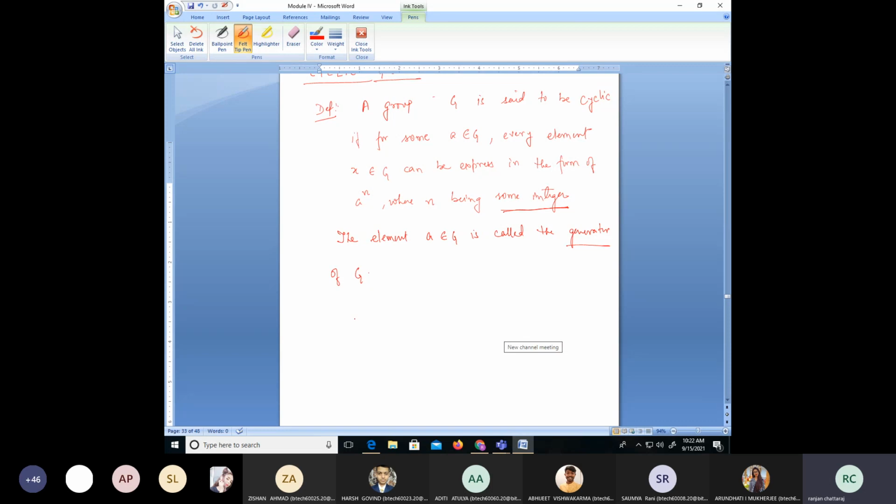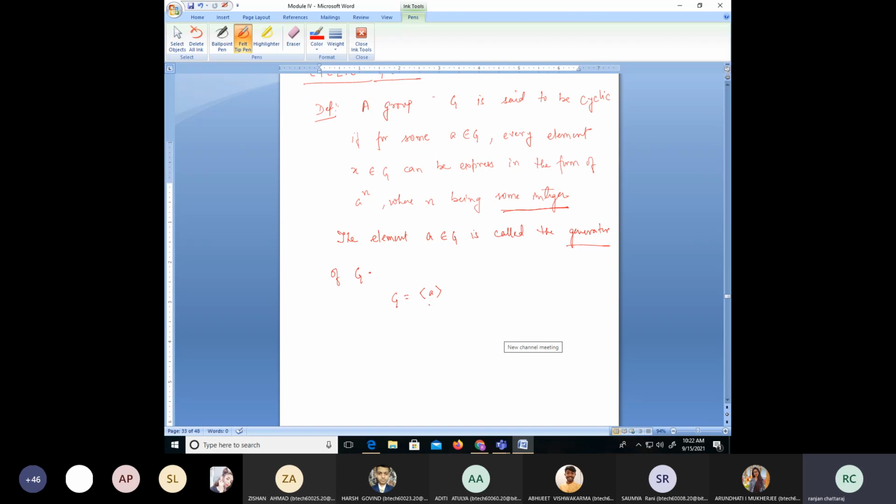Some integer means it may be negative, it may be 0 also.